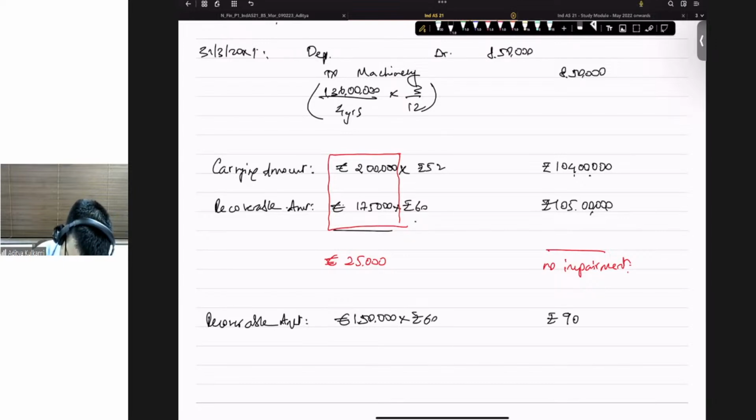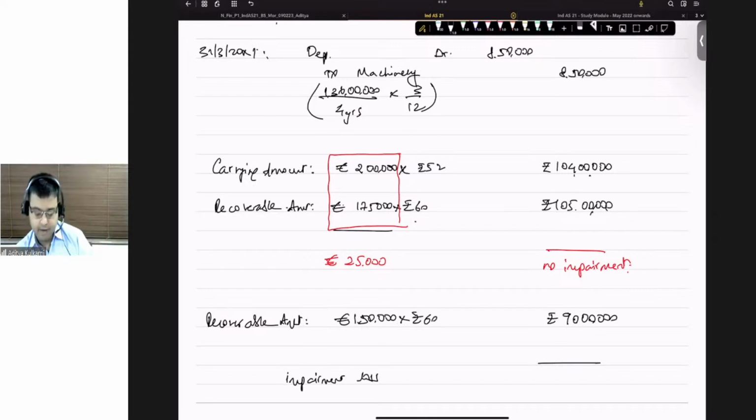So this gives me 90 lakhs. So therefore, your impairment loss is going to be how much? Your impairment loss will be 14 lakhs.